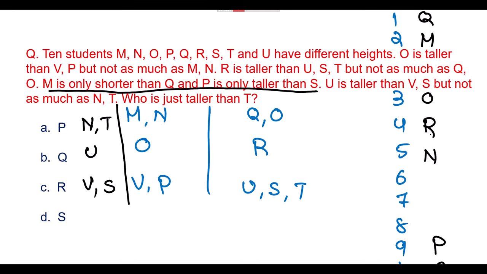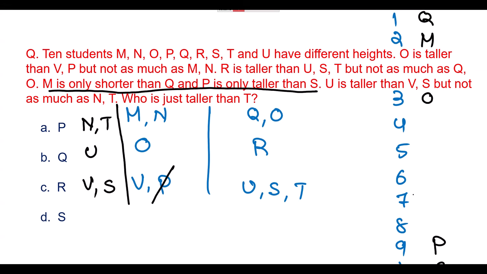I'm just doing trial and error, because N is taller than U. N is taller than V also. R is shorter than O. We're doing trial and error, nothing more. V, P. Okay, P is already satisfied.